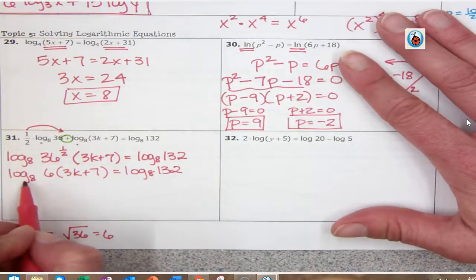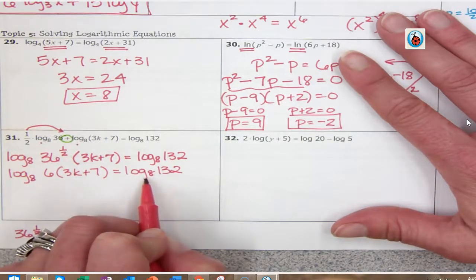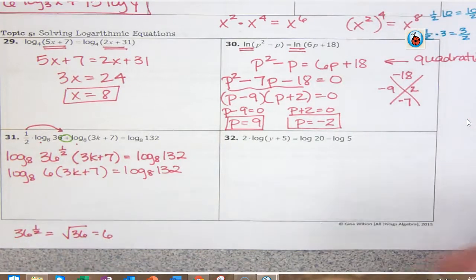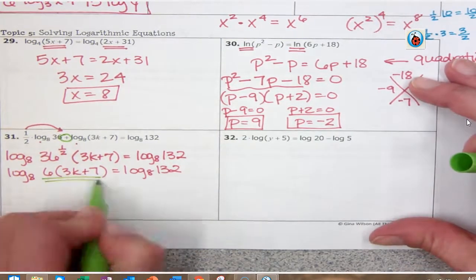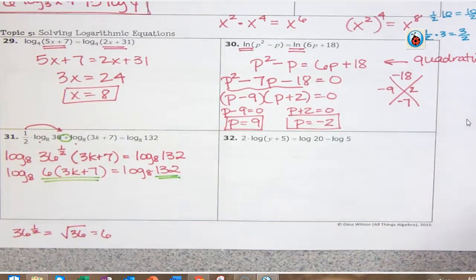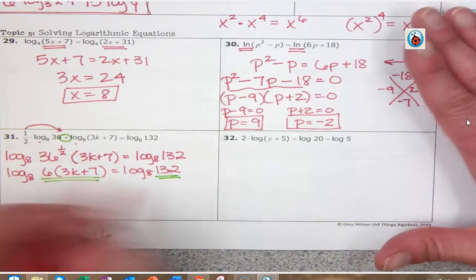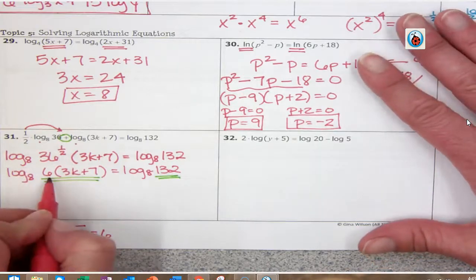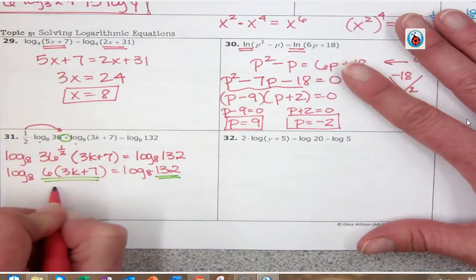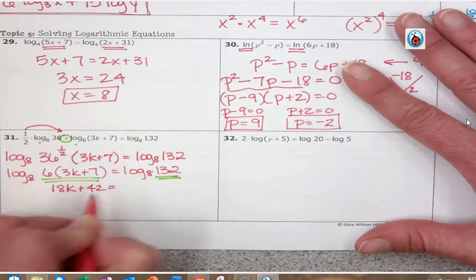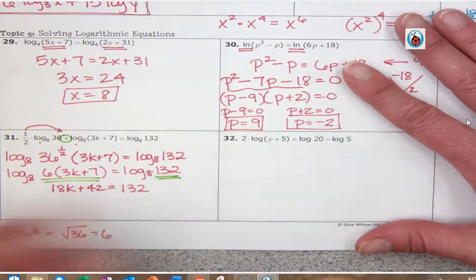Now I've got a log equal to another log. So now I'm set, and I can set this equal to that, drop the logs, and just equate those. 6 times 3k is going to give me 18k plus 42 equals 132.